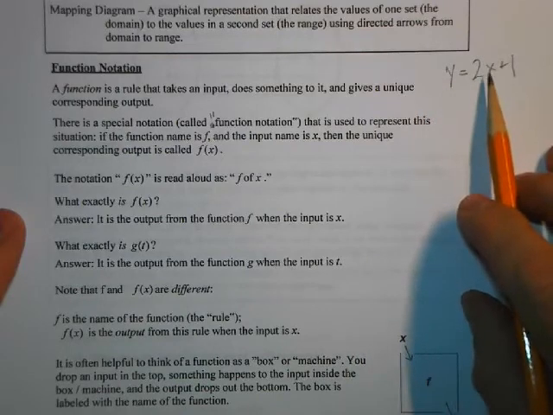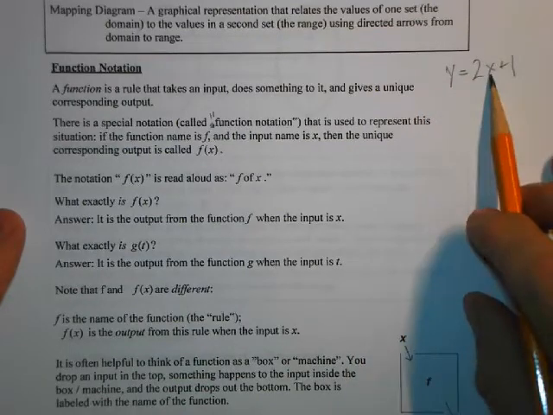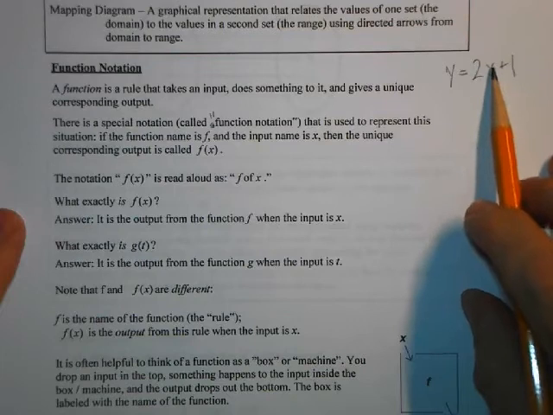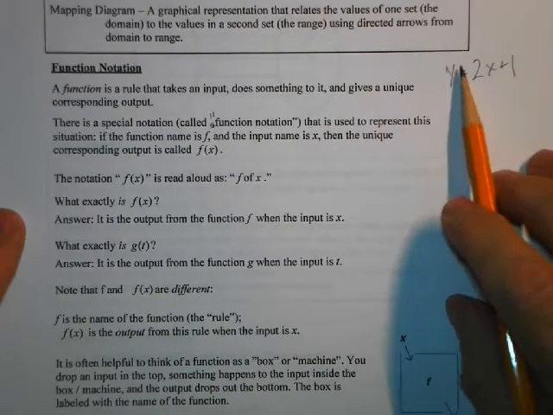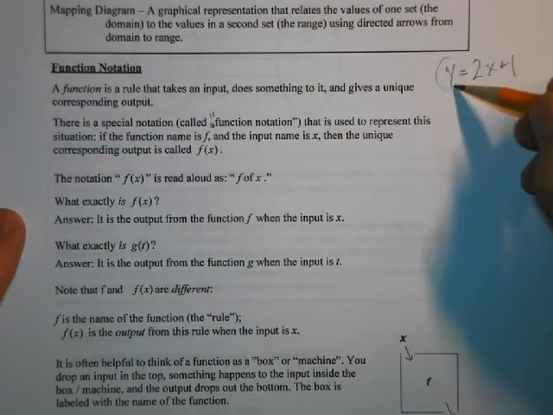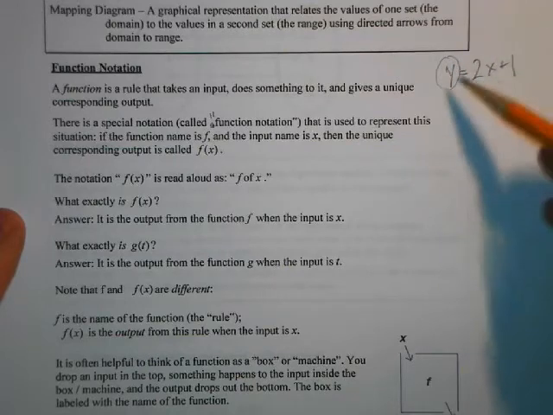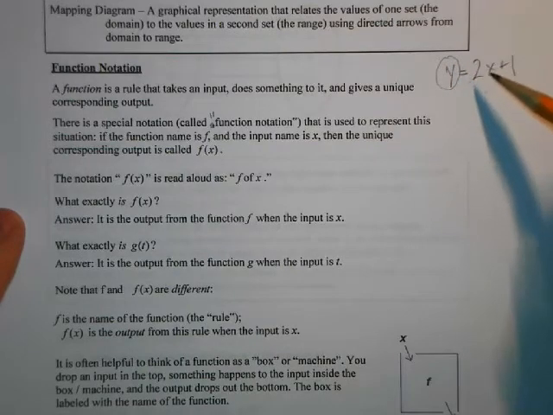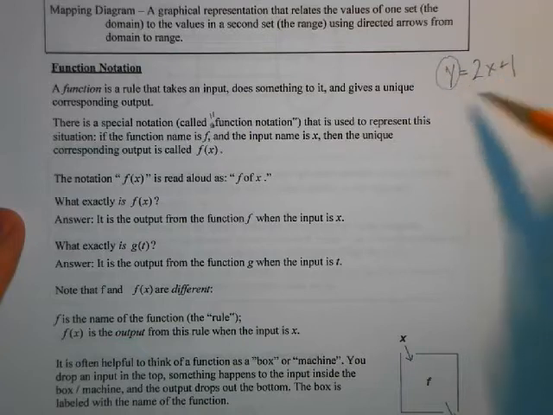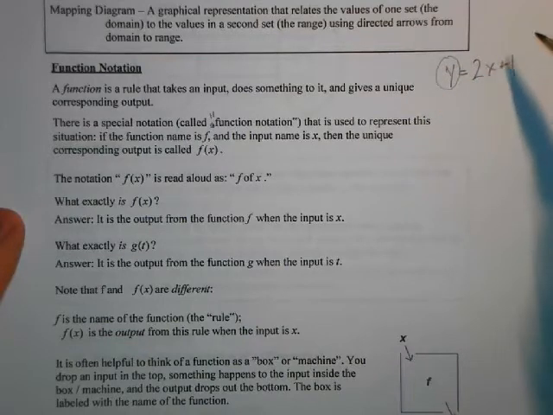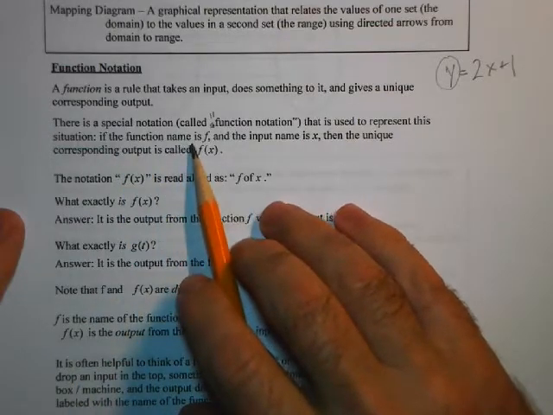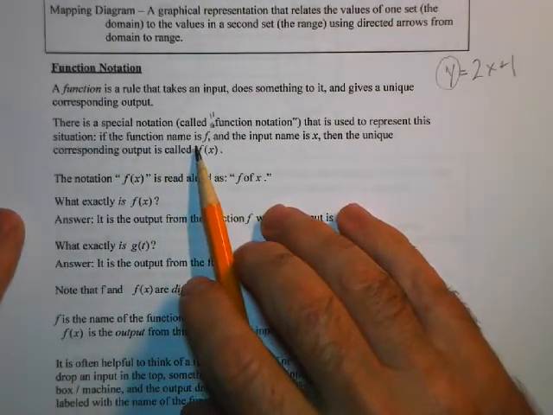Okay, so we're updating this. We're still going to be using x as our input, but even though we're still going to be calculating the y coordinate if we graph it, in terms of the actual equation, we're going to start using function notation. Function notation actually gives a name to the function. Normally by default the function is going to be called f.